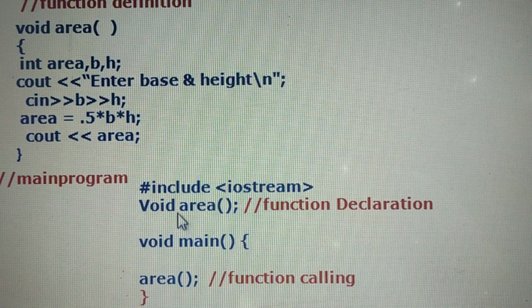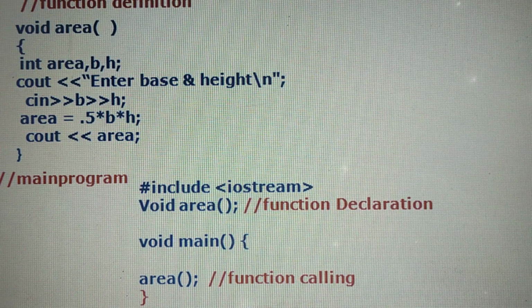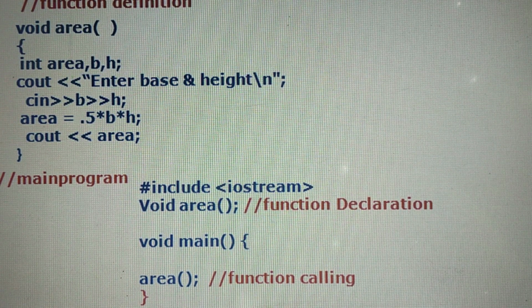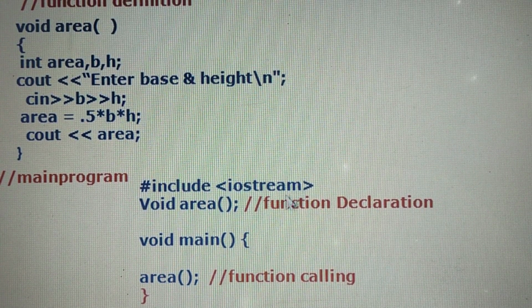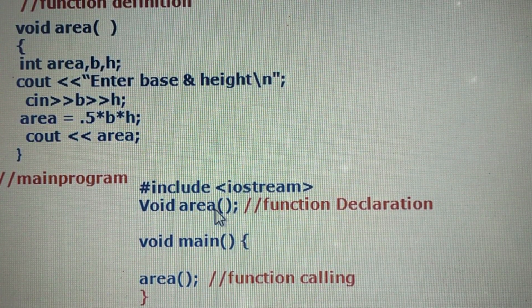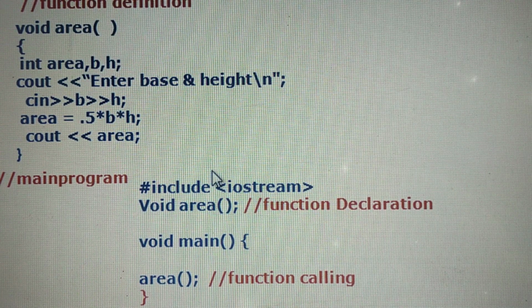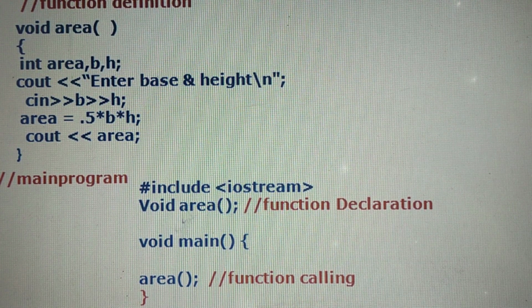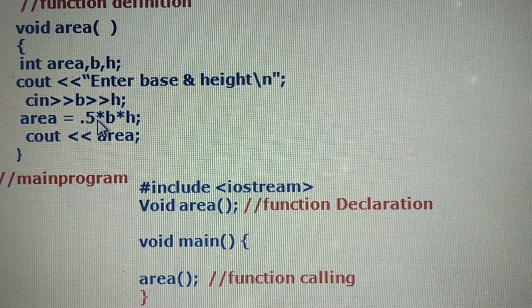That's why we give void. If any function is returning a value, we have to give that type. Regarding this program, we have used a simple declaration because the function is not returning any value. With the simple declaration, we are defining and calling the function.